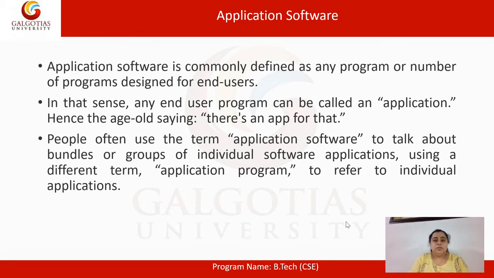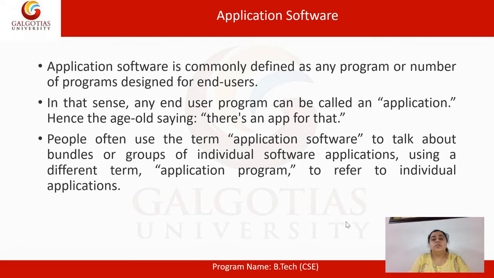Someone may like a video. Some other person may like to listen to music. So for one person there is going to be a video editor, for the other person there is going to be an audio editor, or let's say a music app. So every user has a different set of requirements, and for different sets of requirements we have different application softwares.